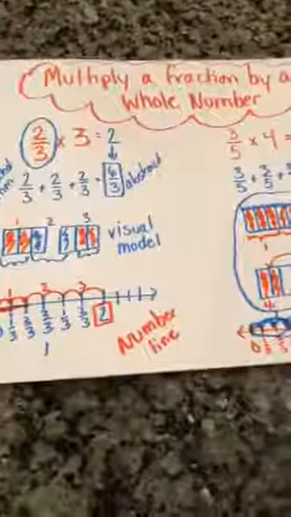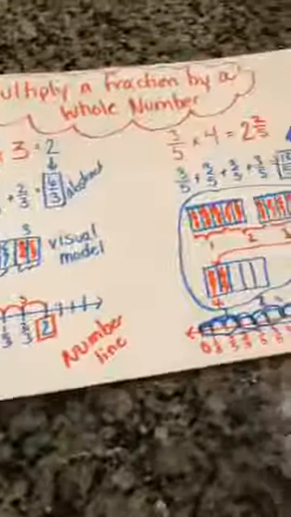All right, so hopefully you found this helpful. So remembering not to just jump right to the procedure, making sure that we're taking time and making sure students truly understand what it means to multiply by fractions, either a whole number by a fraction or a fraction by a whole number.